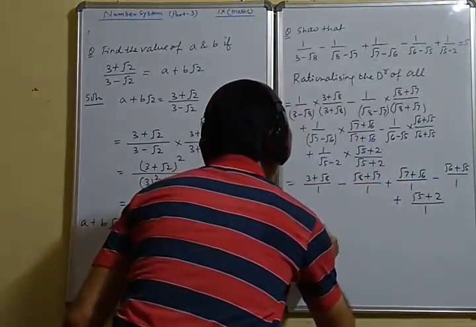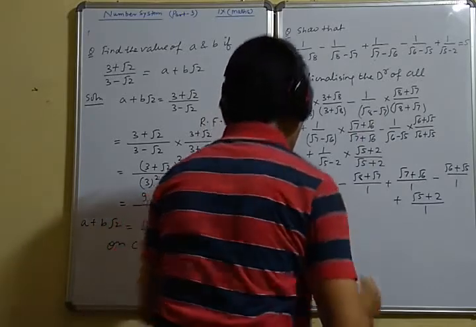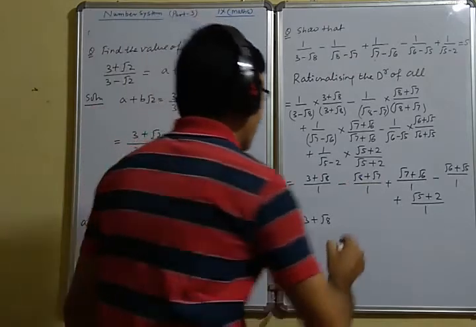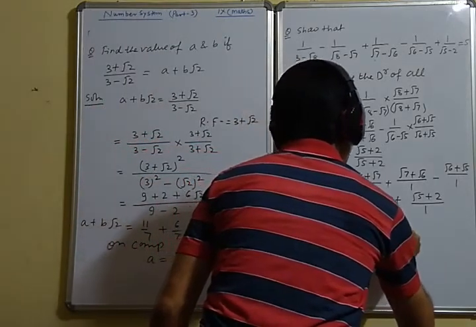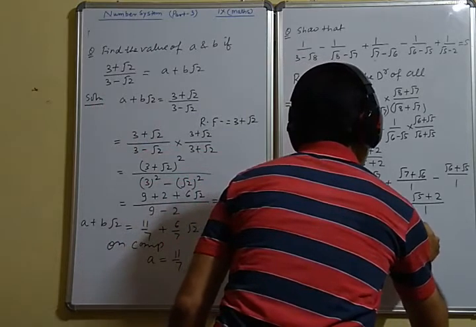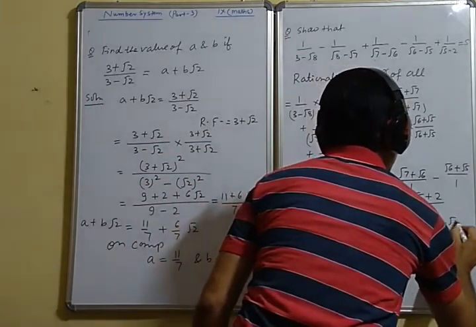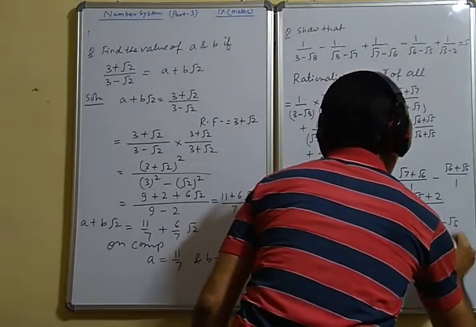Now simplify it. This is 3 plus root 8. Here it is a minus sign, so the sign will be changed. So that is minus root 8 minus root 7 plus root 7 plus root 6 minus root 6 minus root 5 plus root 5 plus 2.